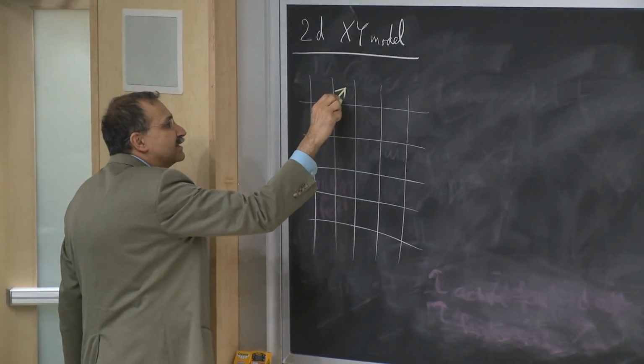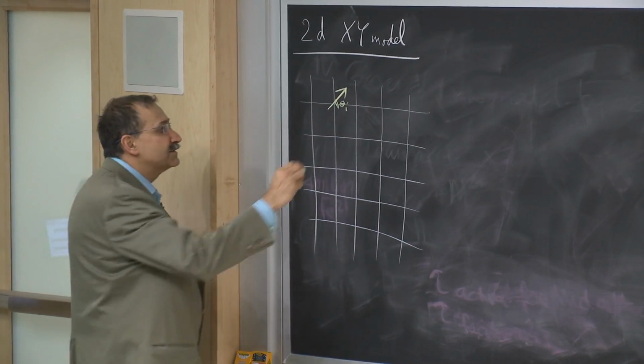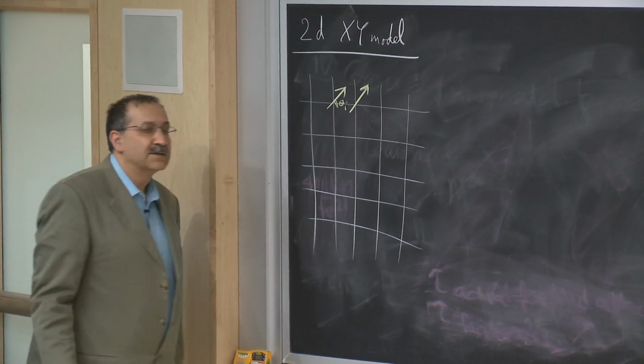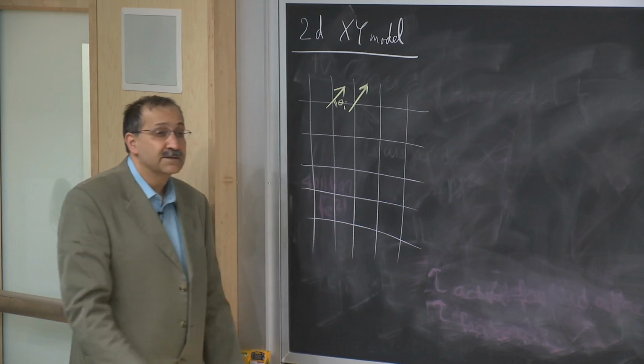So basically, at each site, you have an angle theta for that site. And there is a tendency for neighboring spins to be aligned.